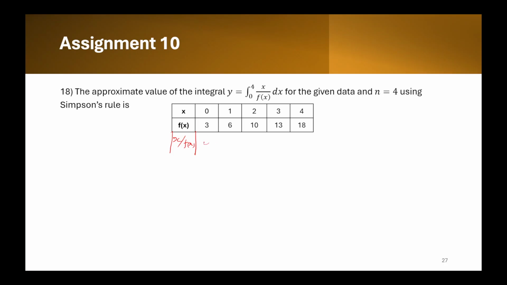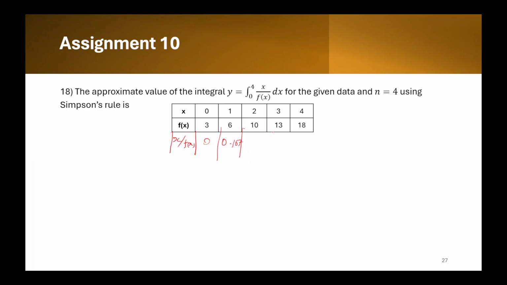So you compute it here. This will be 0, this will be 1 by 6, which is 0.1667.